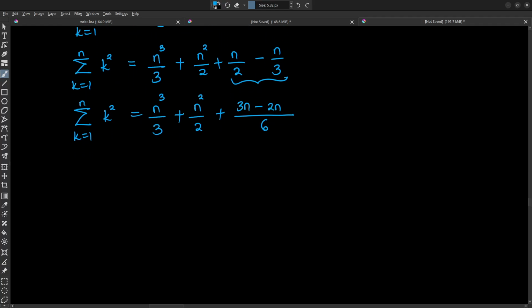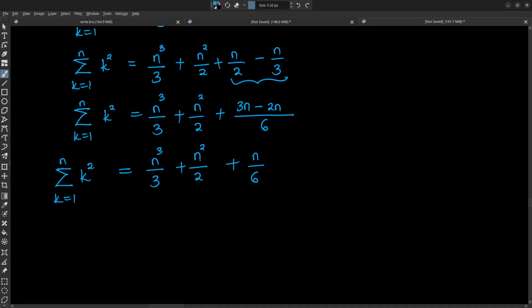So what is 3n minus 2n? That's just n over 6 plus n squared over 2 plus n cubed over 3, and this equals the summation from k equals 1 to n of k squared. And there we have it.